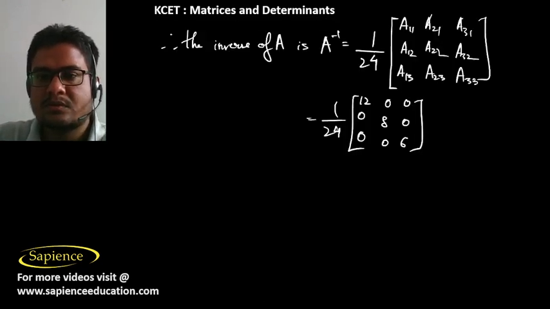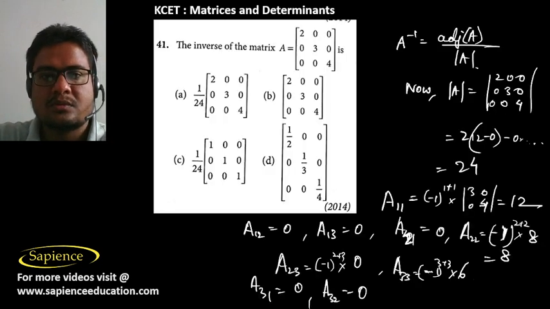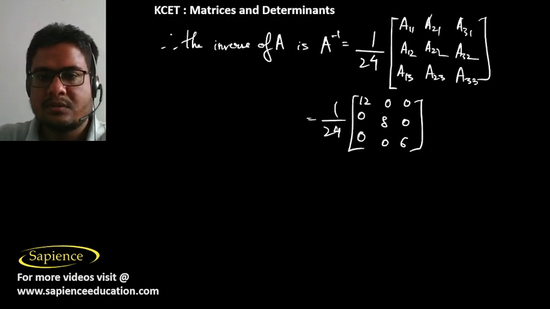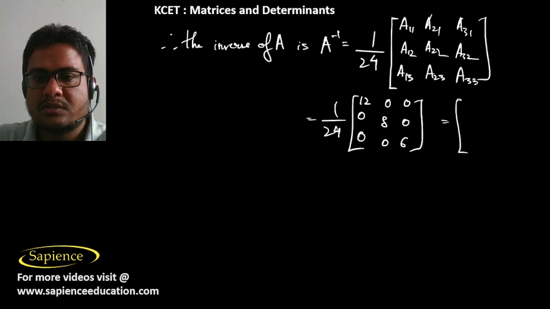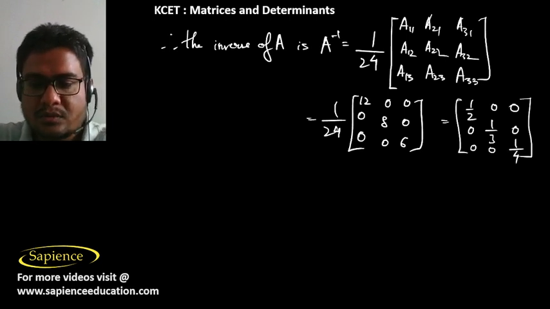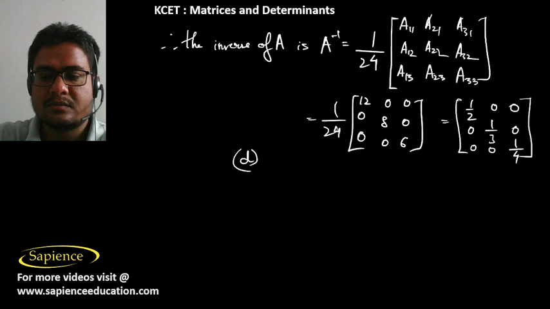So you can write it as 12 by 24, that is 1 by 2, and 8 by 24, that is 1 by 3, and 6 by 24, that is 1 by 4. Means that option D is the correct answer.